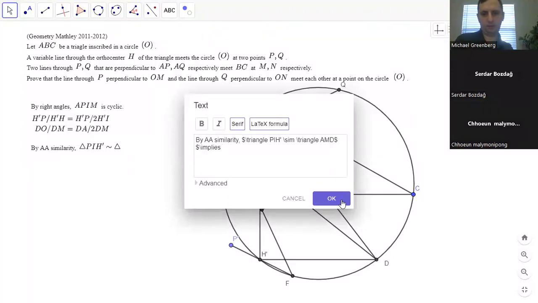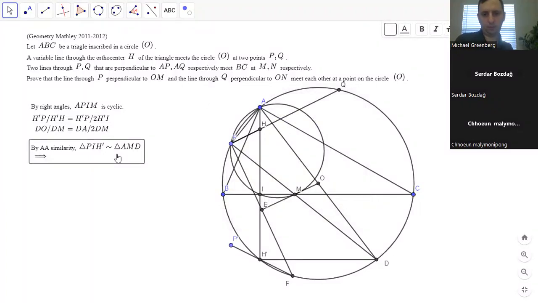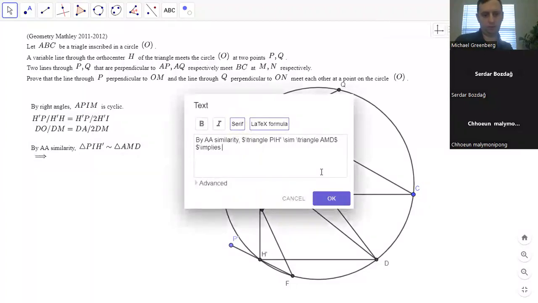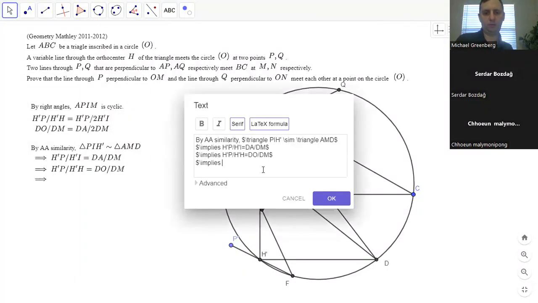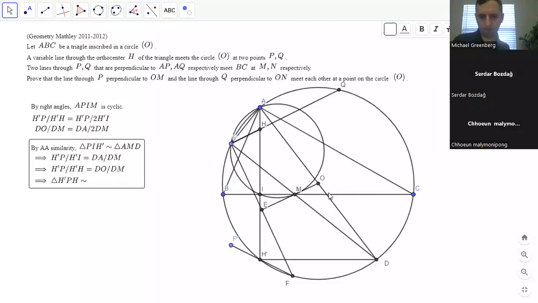That means that H prime P over H prime I is equal to DM over... that implies that H is equal to DO over DM, which means that once we know those two are equal, then those triangles we want to show are similar. So H prime PH is similar to DOM.